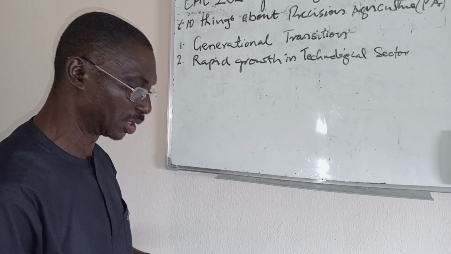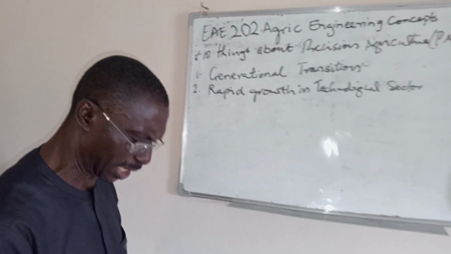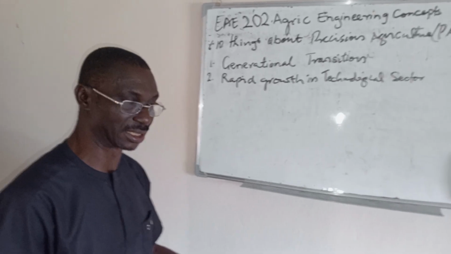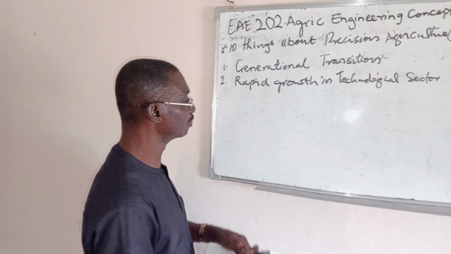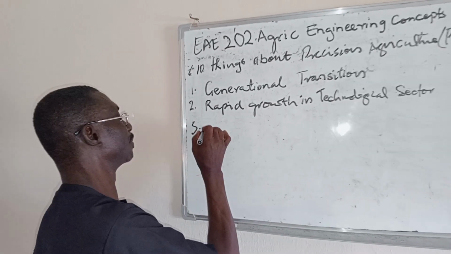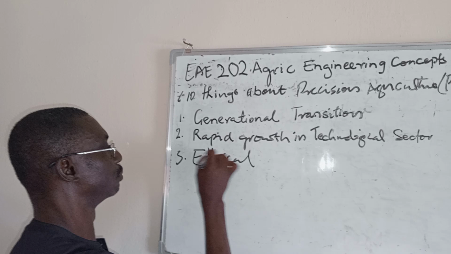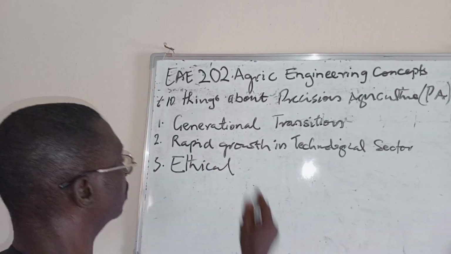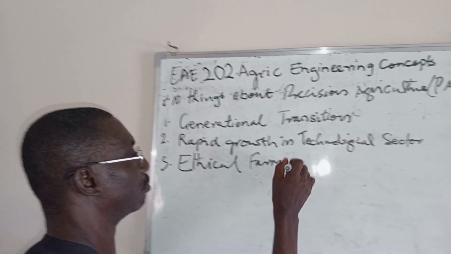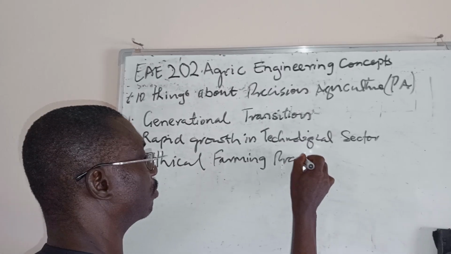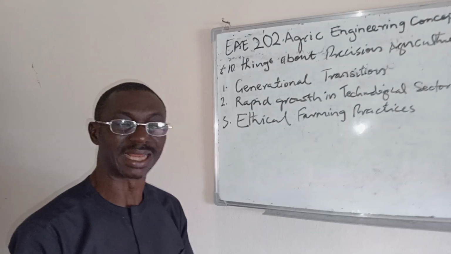Now, the third aspect is ethical farming practices. So it's an ethic.